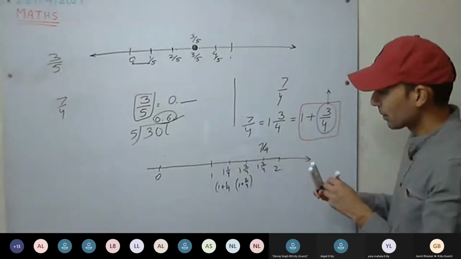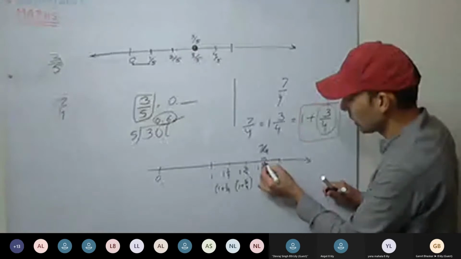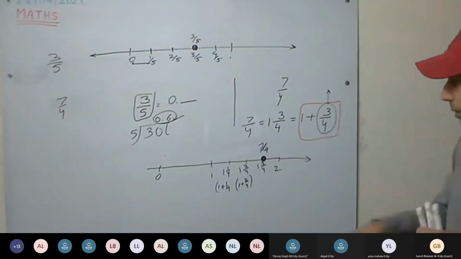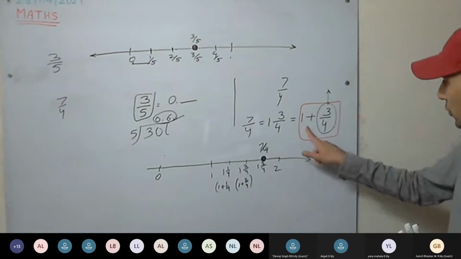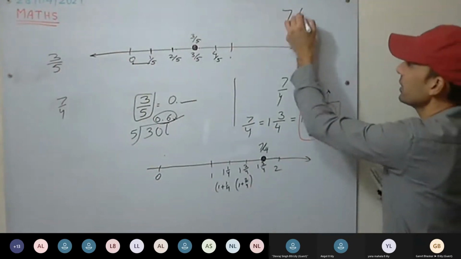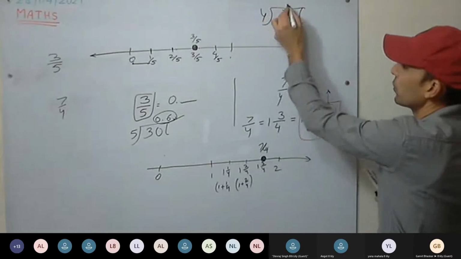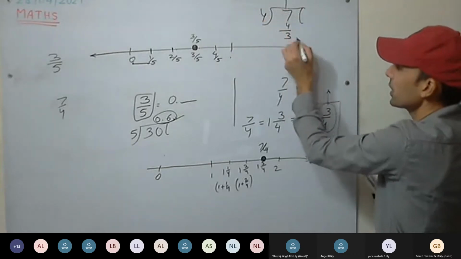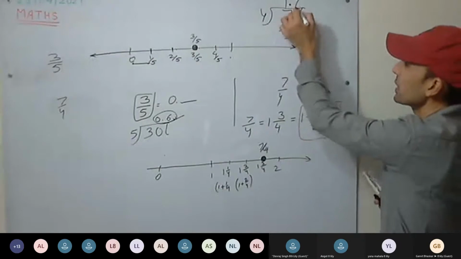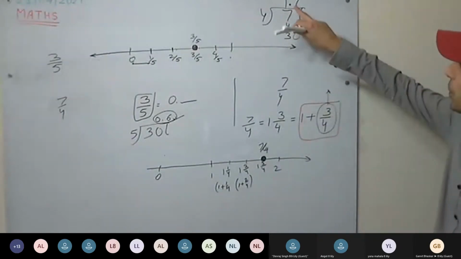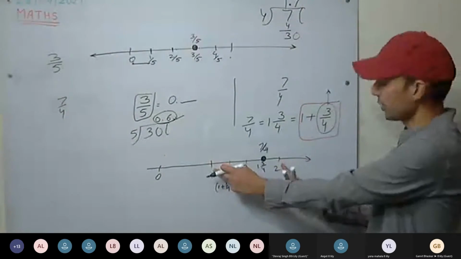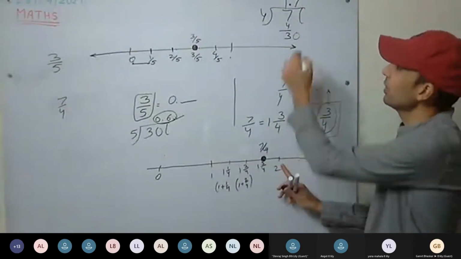We can write it here and mark it. Understood this one? This is one way to figure out. The other way: take 7, divide by 4. 4 ones are 4, 3 remains, and we get 1.75. Where will it lie?